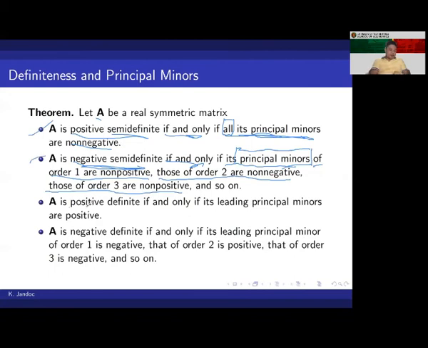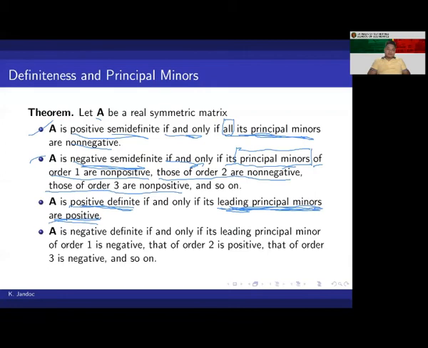Now, A is positive definite if and only if its leading principal minors, now we're talking about leading principal minors. What again is a leading principal minor? It's simply the determinant of the leading principal submatrices. All the leading principal minors are positive.